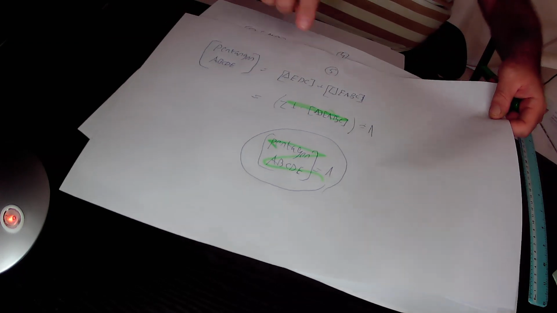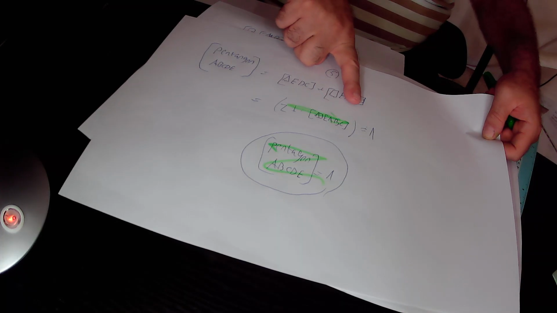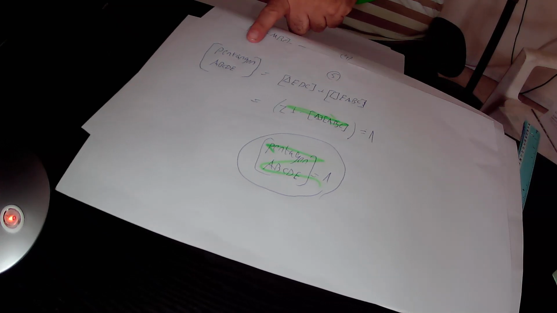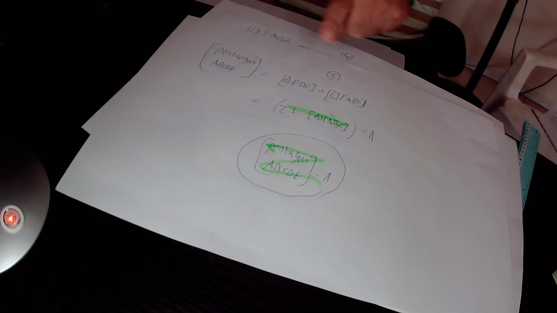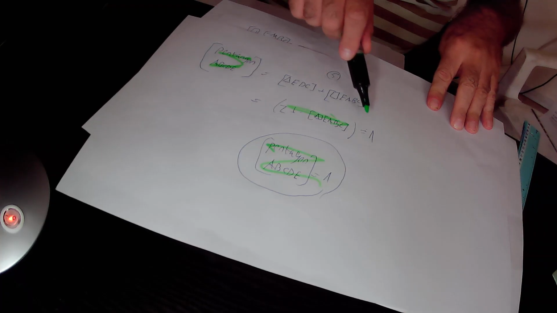So we derive that in total the area of pentagon ABCDE is equal to 1.